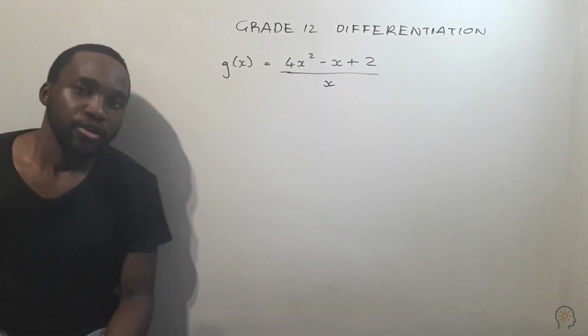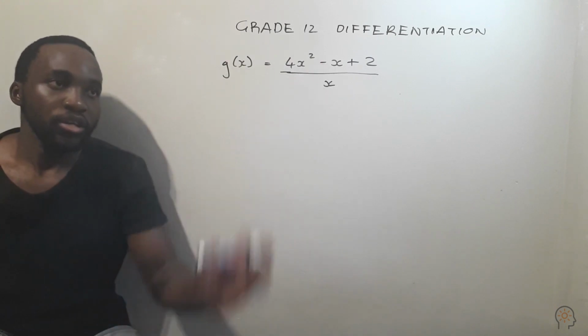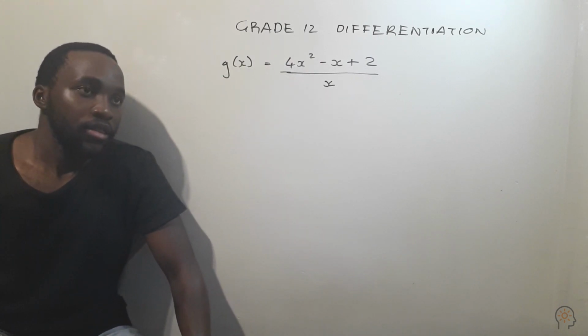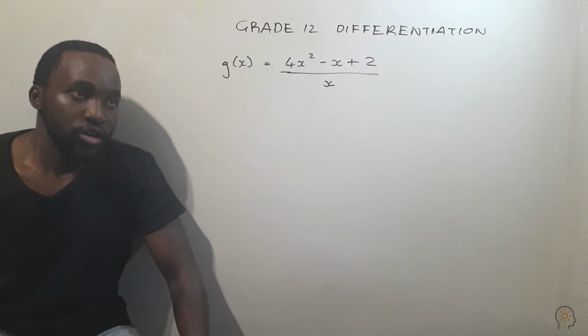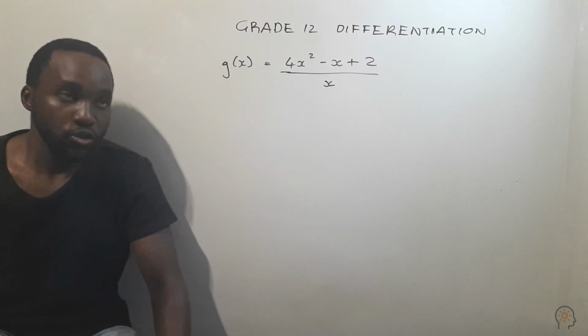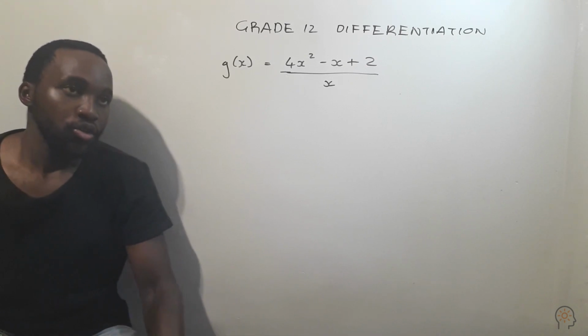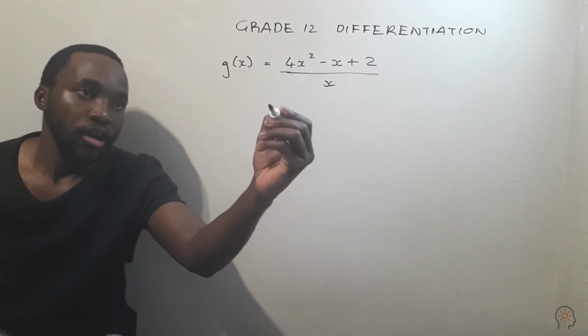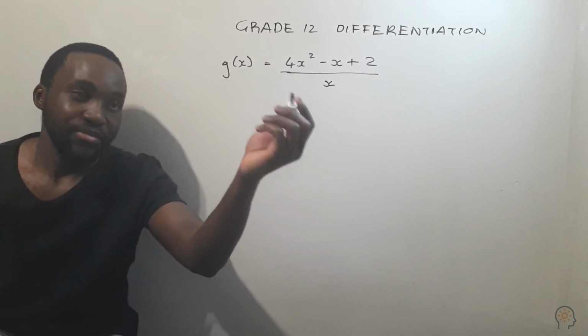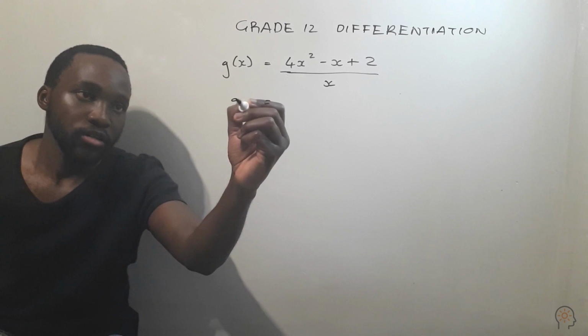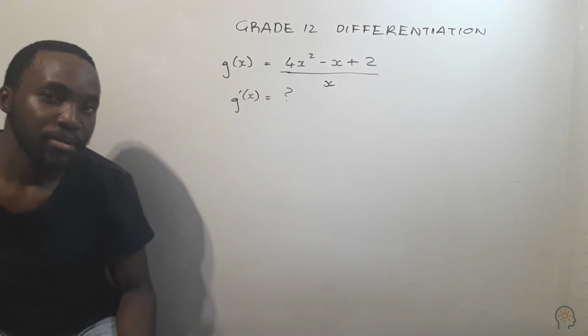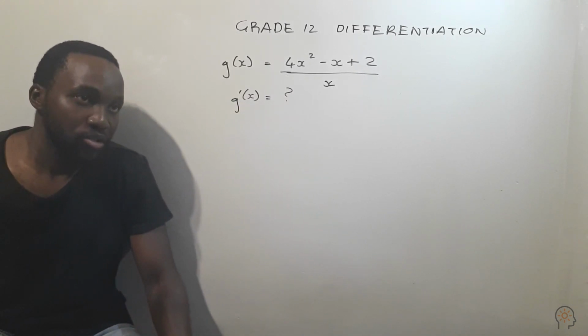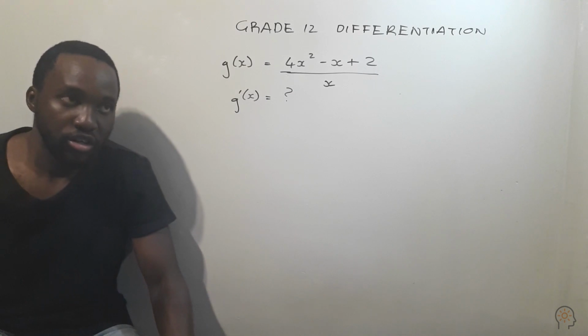So to cap everything off, this is the example we're going to work on. This will allow us to touch on a very important portion on differentiation. If we're given g of x and they want us to get the differentiated format of g of x, we need to keep in mind that we are not able to just jump straight into differentiating.